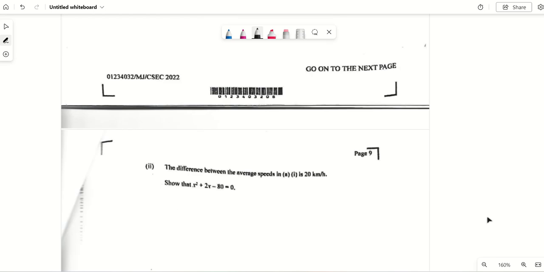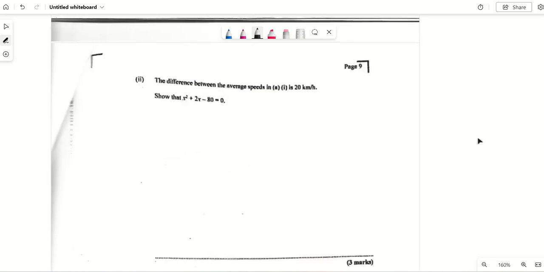Part 2 says the difference between the average speeds in part 1, which is 800 over x minus 800 over x plus 2, is equal to 20.